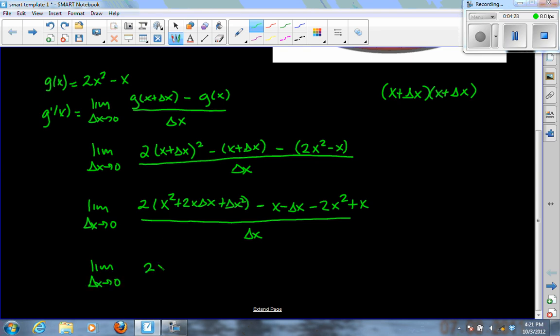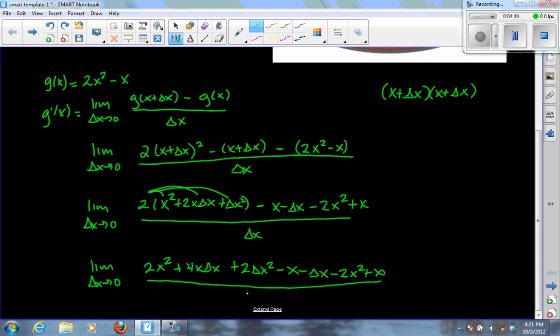So this would be a 2x squared plus 4x delta x plus 2 delta x squared from distributing this. Okay, minus x minus delta x minus 2x squared plus x. That's all on the top line. And we still have a delta x on the bottom line.